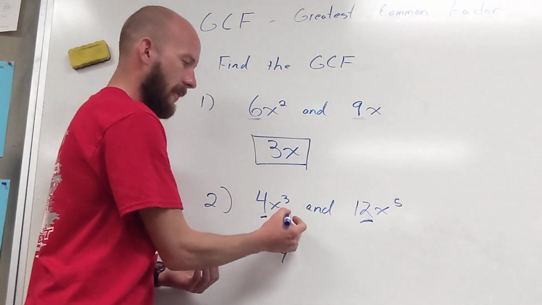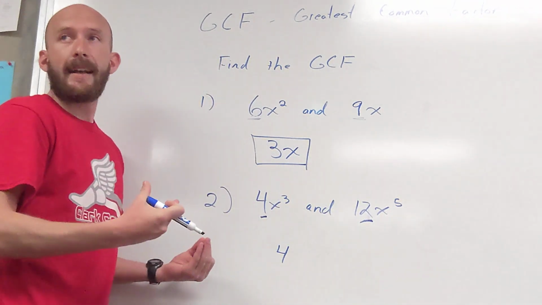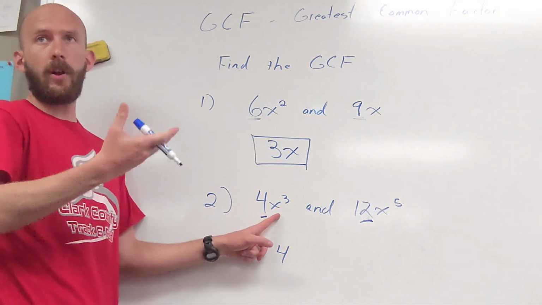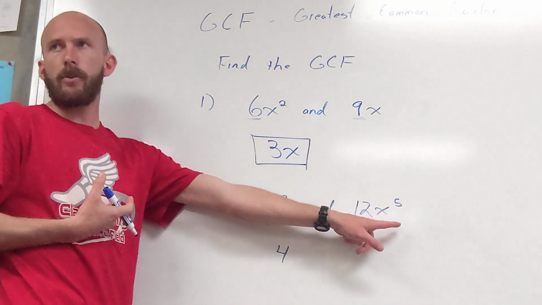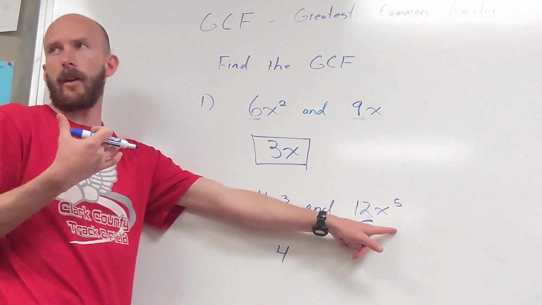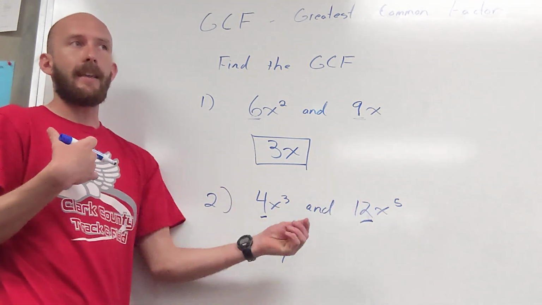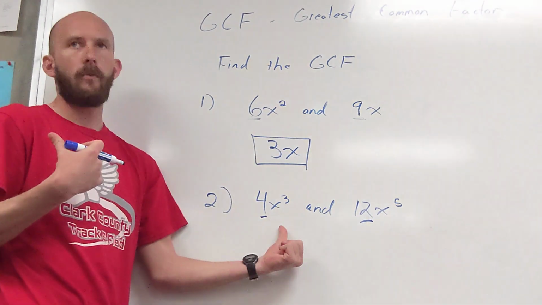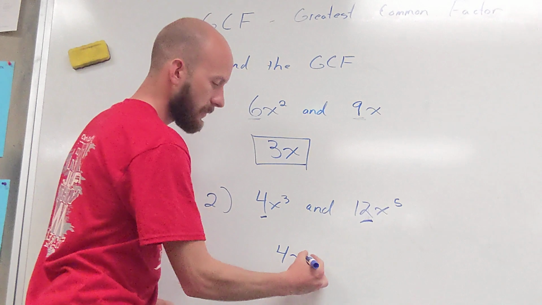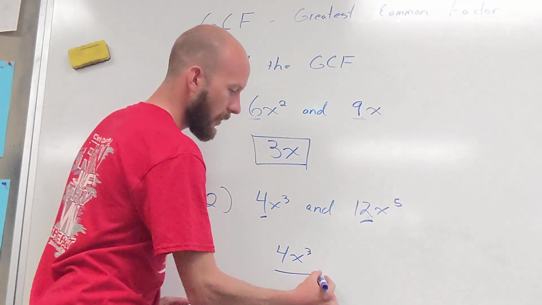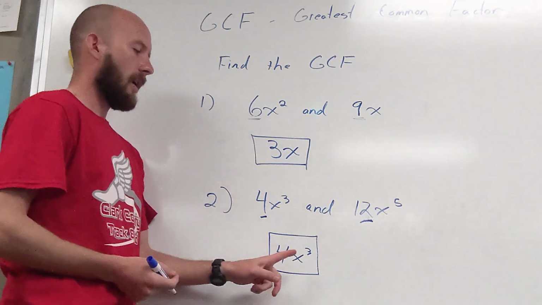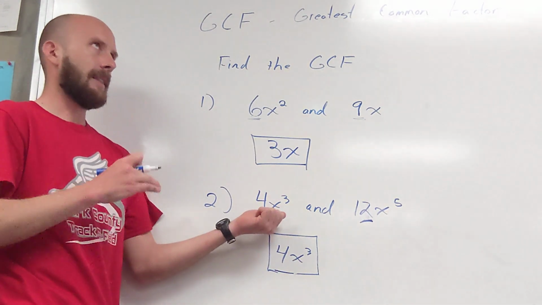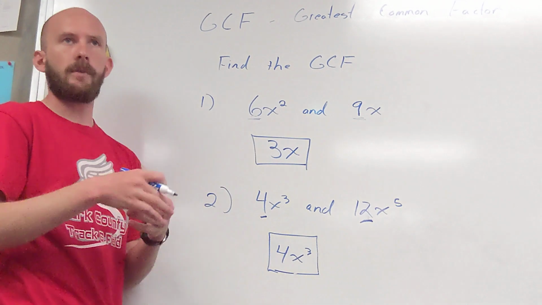And then when I look at my variables, it has to be x to the third, right? X to the third is a factor of itself, and it will also go into x to the fifth, right? I can't go any higher than x to the third because it wouldn't work for this one. So what you will end up noticing on your variables, the GCF is going to be the least common exponent, right?